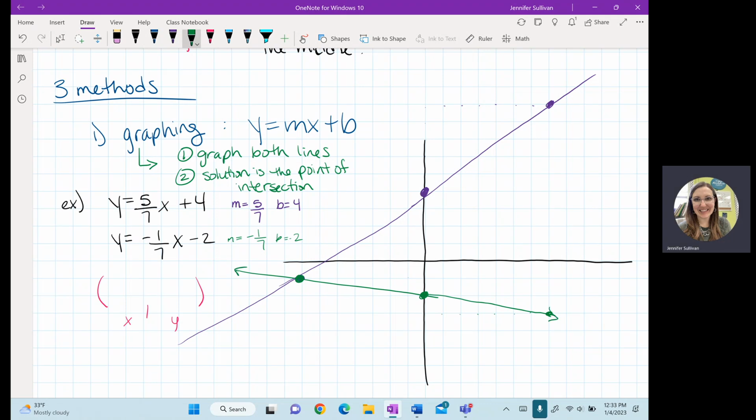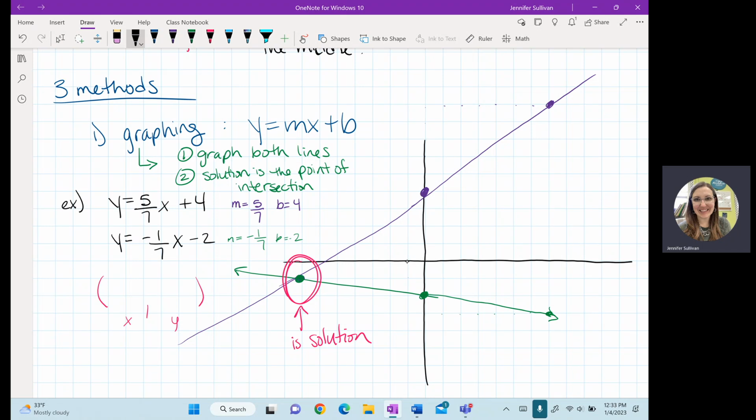So this point here is the solution. And so now we're going to write this as its coordinates. Remember, if I'm going to name this point by its coordinates, I need to name the x first.